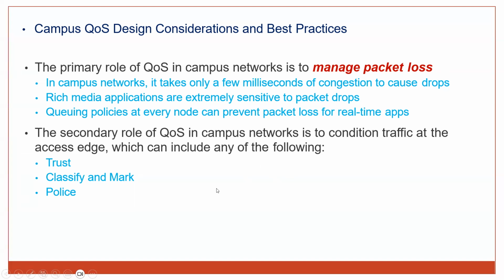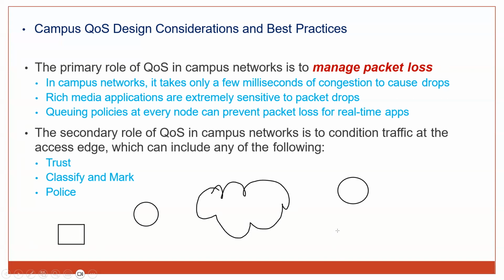Access edge obviously means your LAN part, and the first goal is mostly related to the WAN, because that's where you have packet losses. Suppose you have one branch and another branch, and in between these branches you have an ISP, suppose a cloud is there, and then you may have your access switch where you have your LAN network.